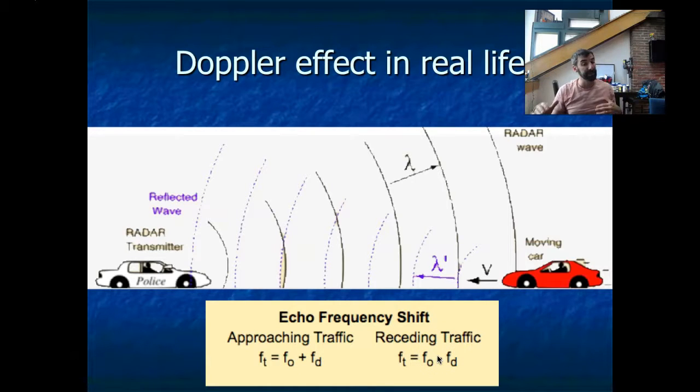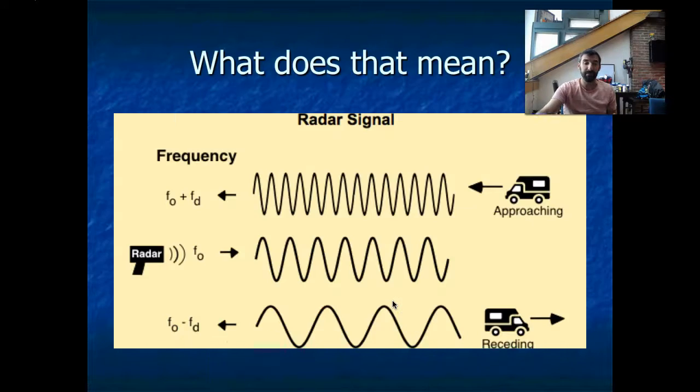So again, the police officer doesn't need to do any of that math, but it is real-life Doppler shift. It is a shift in the apparent frequency of the observer, which is right here, f sub o, the observer. Now, this is a little bit easier for you to see.